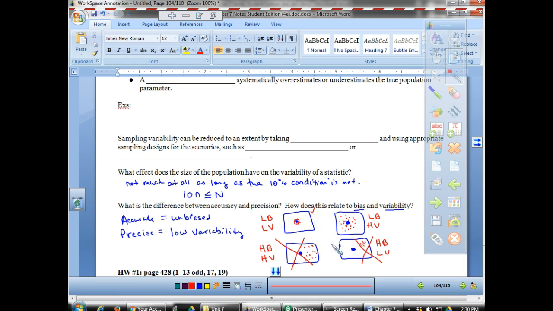Obviously, this is the best one. And when we talked up here about sampling variability, what we're observing here is sampling variability. So if you witness something like this, you might want to create a larger sample.